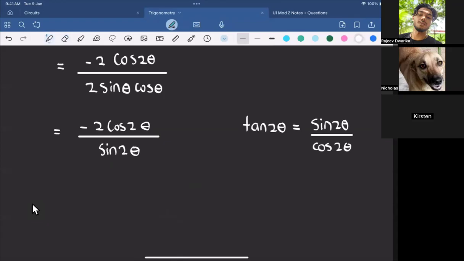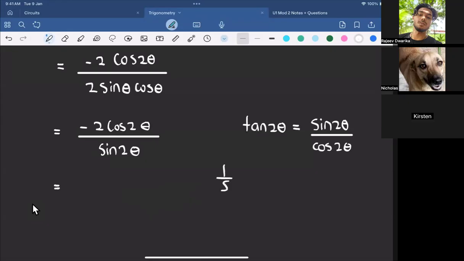If I know that tan 2 theta is sine 2 theta over cos 2 theta, then cos 2 theta over sine 2 theta is the opposite, right? So tell me, what's the opposite of tan 2 theta? What's the opposite of 1 over 5?